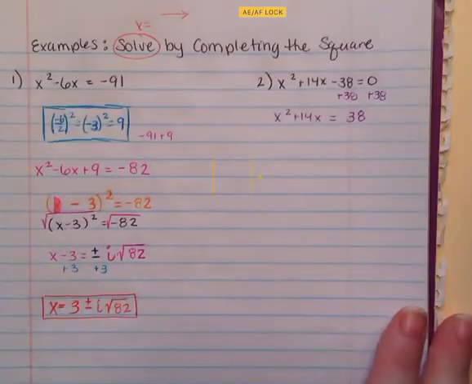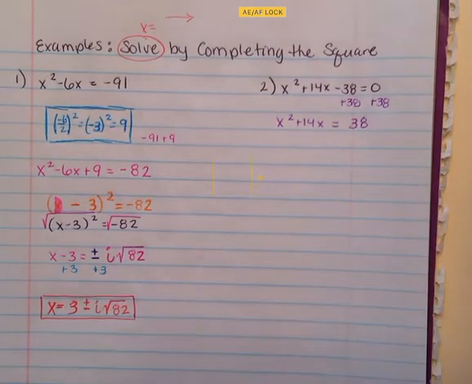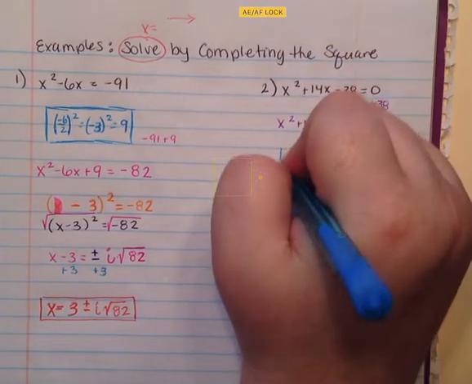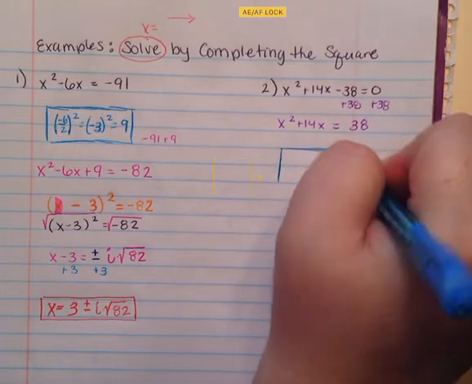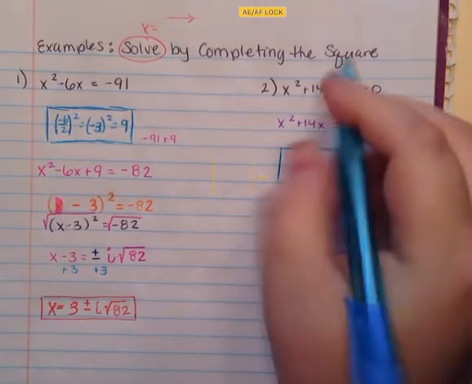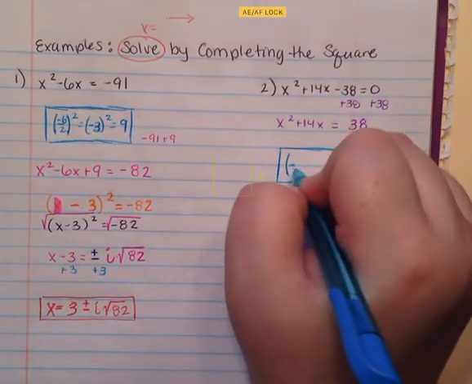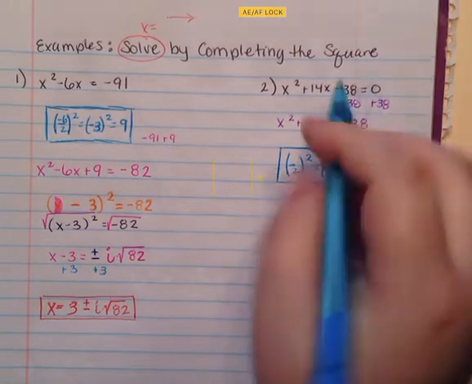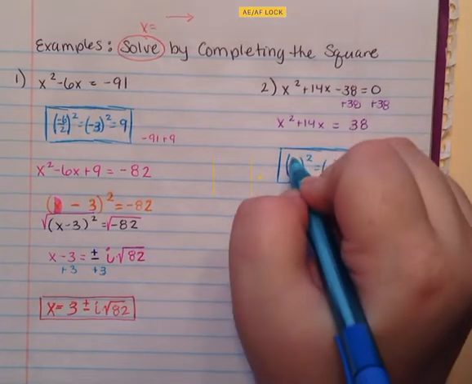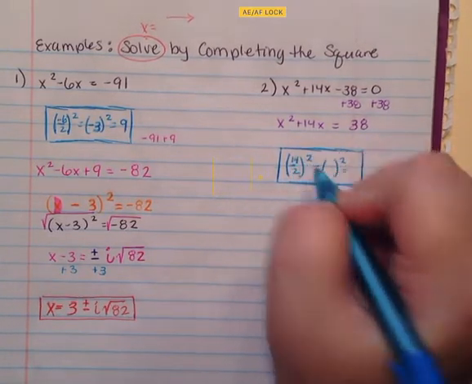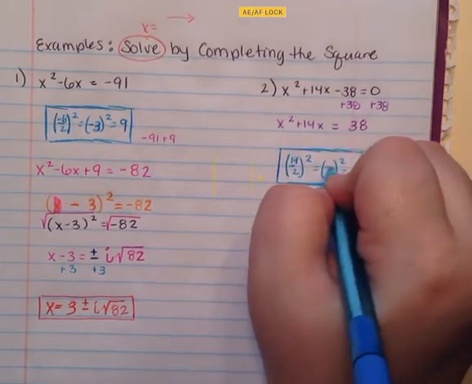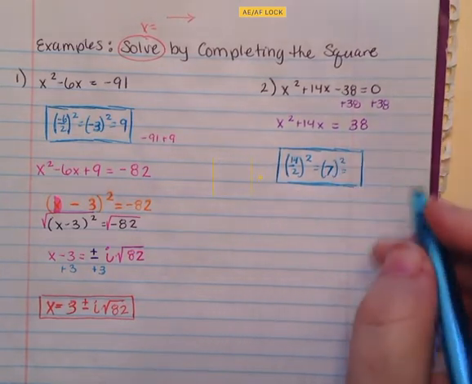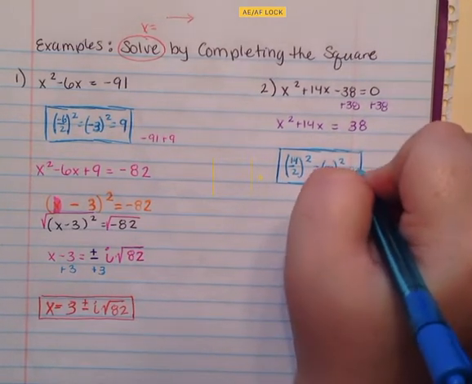Now we'll go into the next step of this, which is the workbox. Inside the workbox, we take half of b and square it. Our b value is the 14, so we put 14 over 2 squared. 14 over 2 is 7, so I'll put that inside this parenthesis, and then we square it, which is 49.